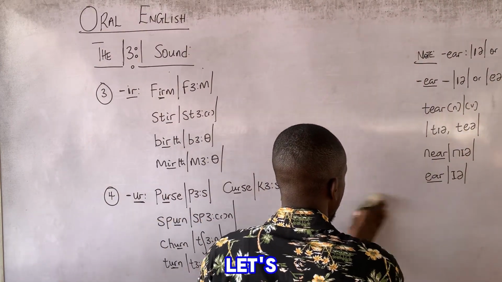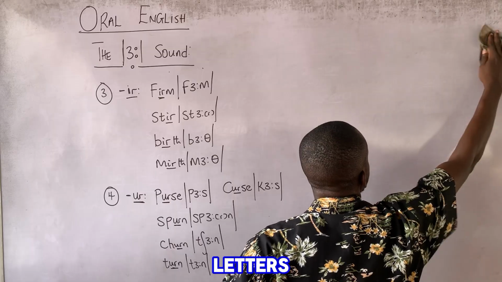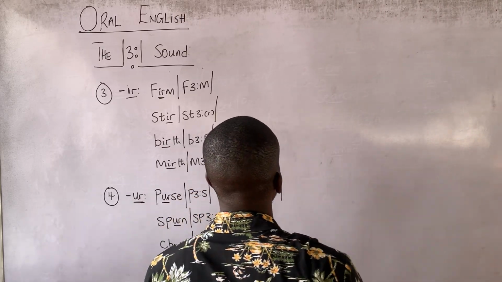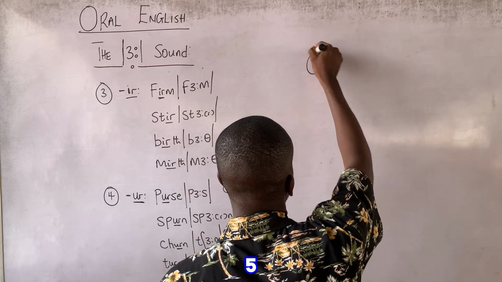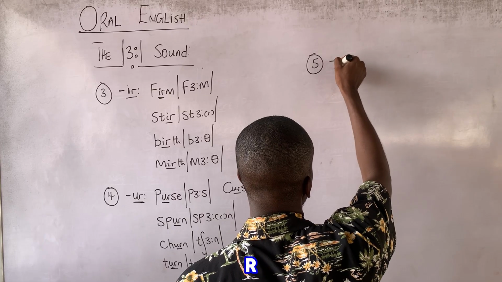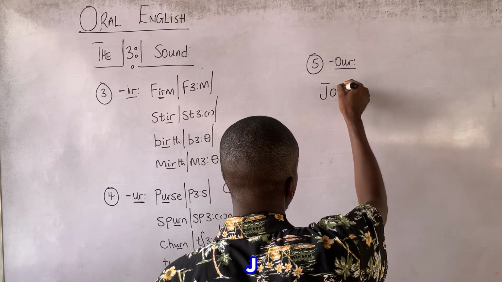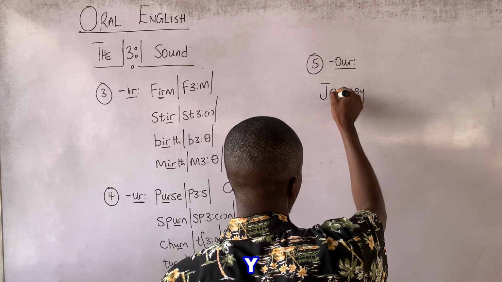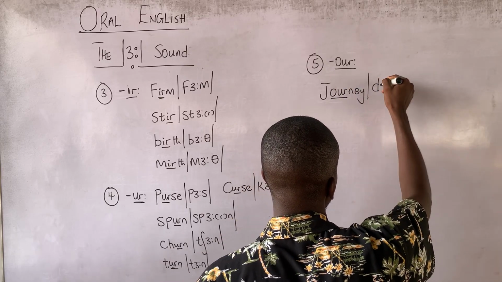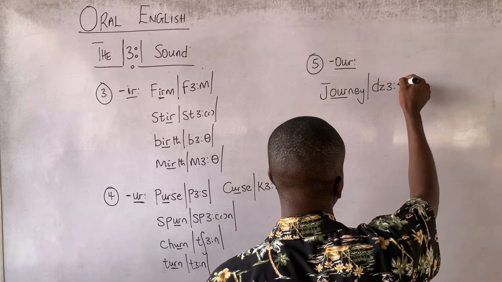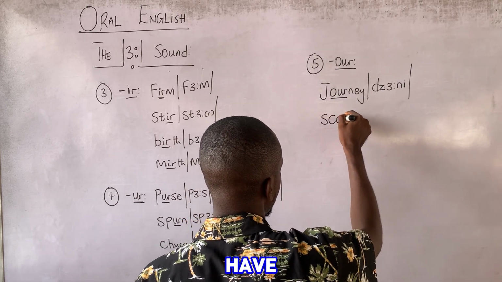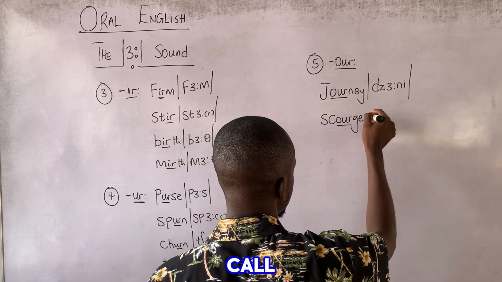Now, let's see some other letters that produce this sound. We have number 5, the letters OUR, as in the word JOURNEY. We have a word we call SCOURGE.